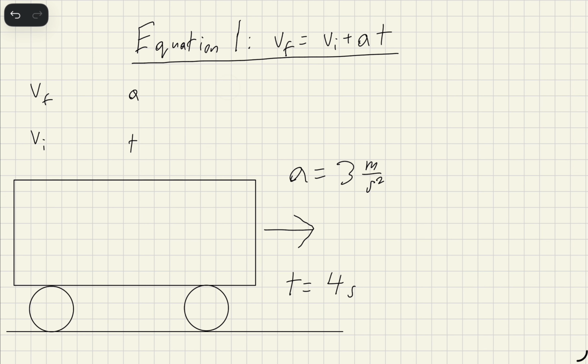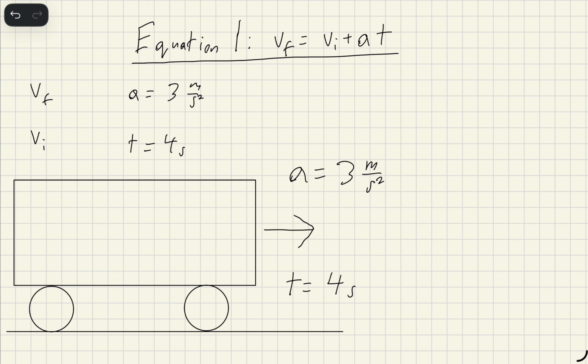So let's go ahead and solve this problem. To restate it, we have a cart accelerating at 3 meters per second squared for 4 seconds. So we know acceleration, it is 3 meters per second squared, and our time is 4 seconds. This cart specifically, I should have mentioned, is starting from rest.